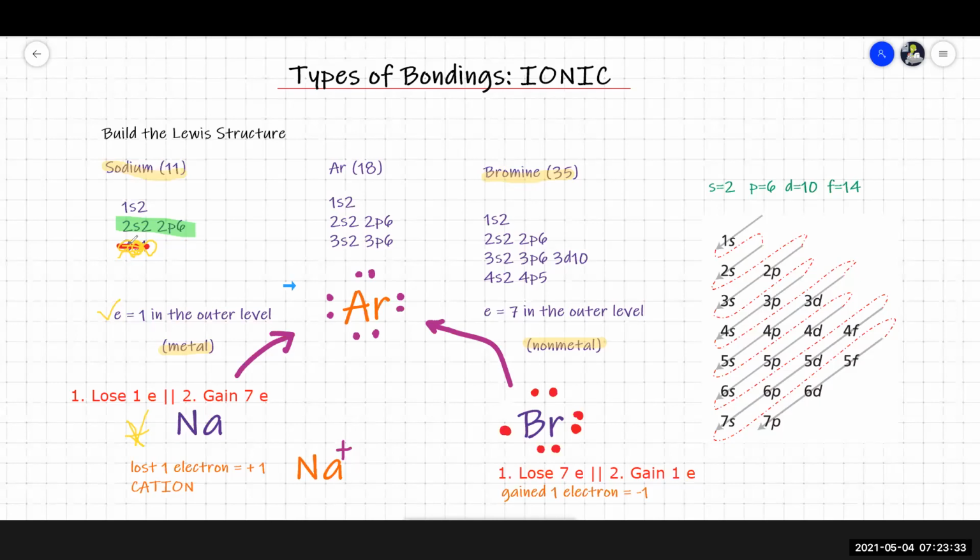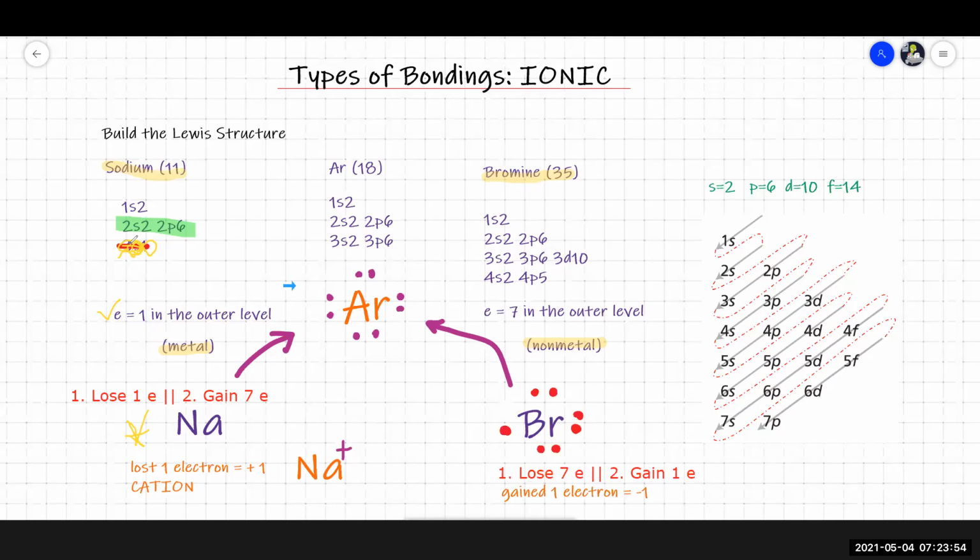All of the elements want to become noble gases, which means, in other words, that they need to accomplish 8 electrons in the outermost level. Sodium, by giving 1 electron away, now has the electron configuration to be considered a noble gas.